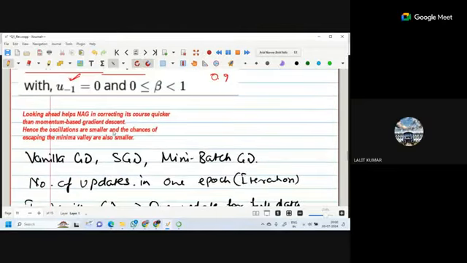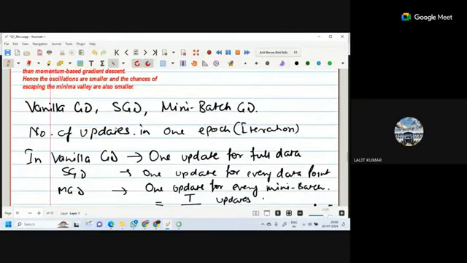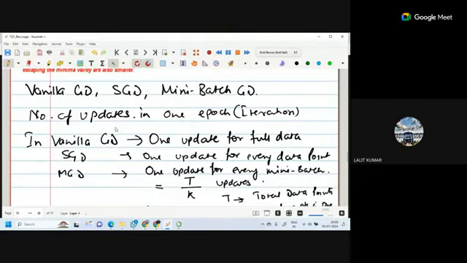Now we come to another concept, from the last portion of week 4: vanilla gradient descent, stochastic gradient descent, and mini batch gradient descent. Remember, in vanilla gradient descent, the update in one epoch is like one iteration. Full data is taken and only one update takes place.